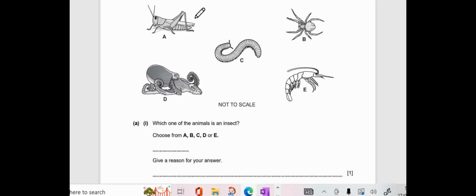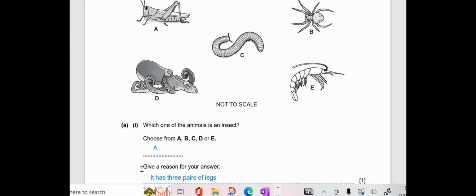So if we see an insect, definitely it is A, because you can see that it has 1, 2, 3, 4, 5, 6 legs, or 3 pairs of legs. That will be our answer. So we choose A, because it has 3 pairs of legs or 6 legs.